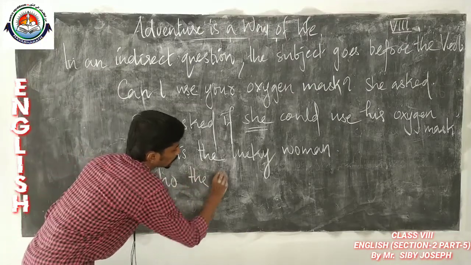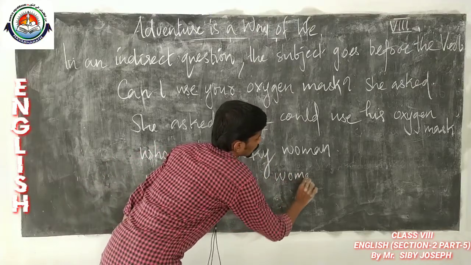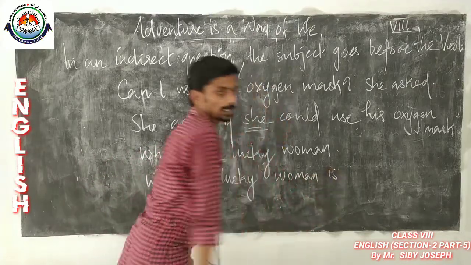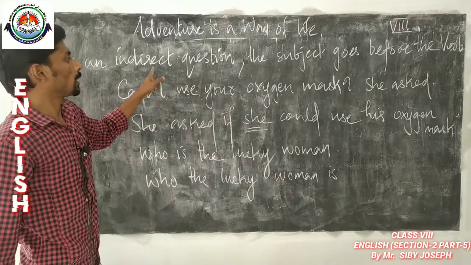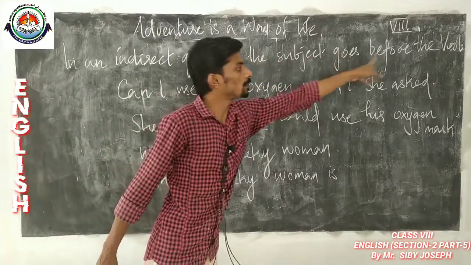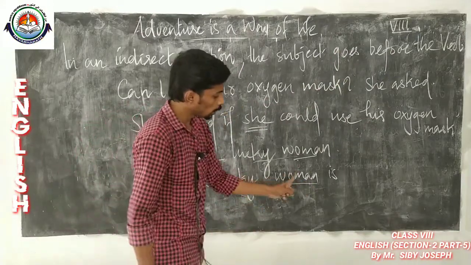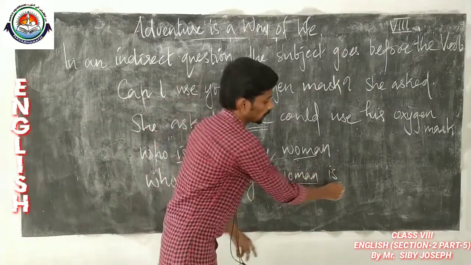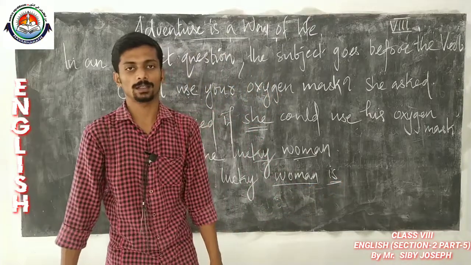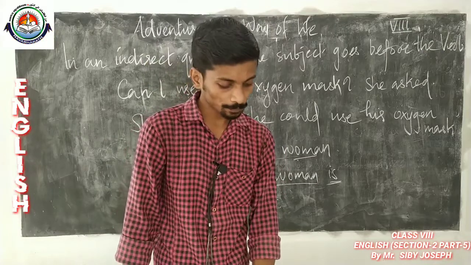Who the lucky woman is. So that is what it is said, that in an indirect question the subject goes before the verb. Here woman is the subject and woman goes before the verb. So this is actually the meaning of this rule.